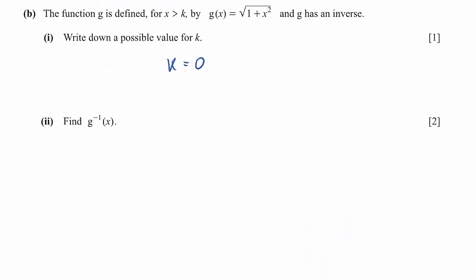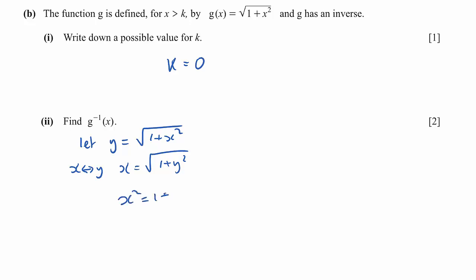And now we want to find the inverse function, so we're going to let y be equal to the square root of 1 plus x squared, and then we'll interchange x and y. So x is the square root of 1 plus y squared, and now we want to make y the subject of the formula. So square both sides, and that would give us that. And then y squared is going to be x squared minus 1.